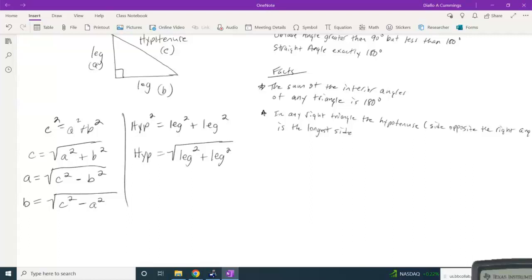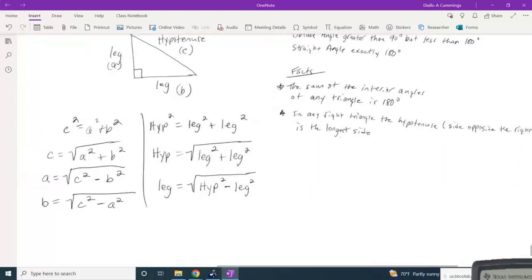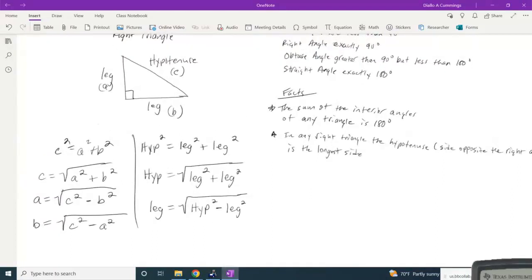And if I'm dealing with the hypotenuse, leg, and leg, the missing leg length is going to equal the square root of the hypotenuse squared minus the other leg squared. All right, so here are the formulas.